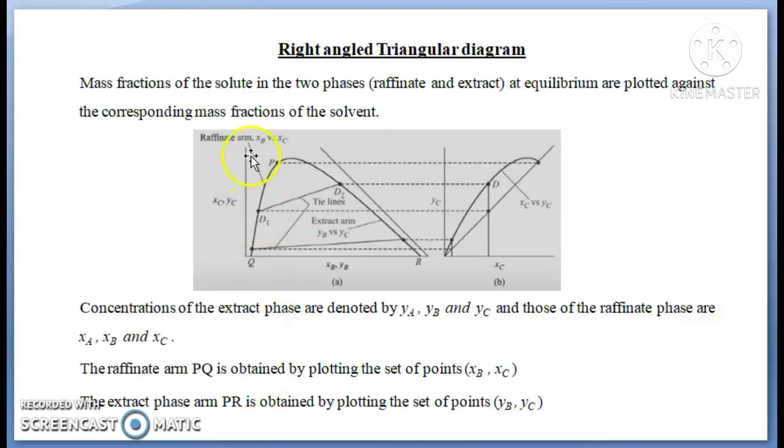This is the right angle triangle in which the binodal solubility curve is plotted.